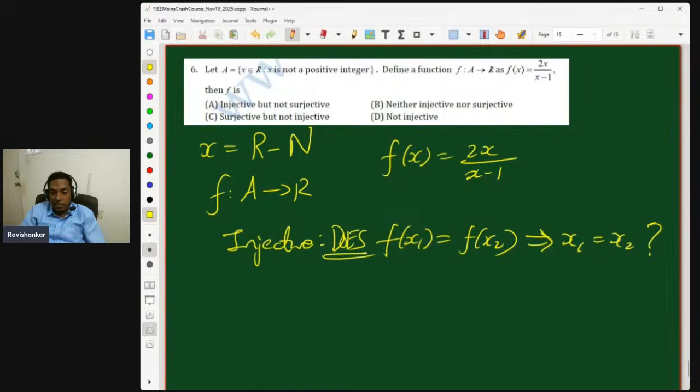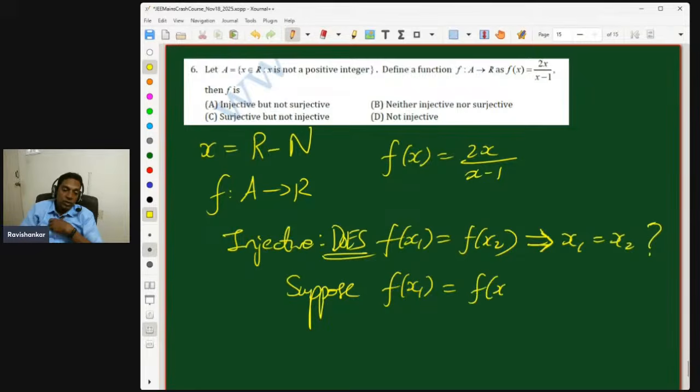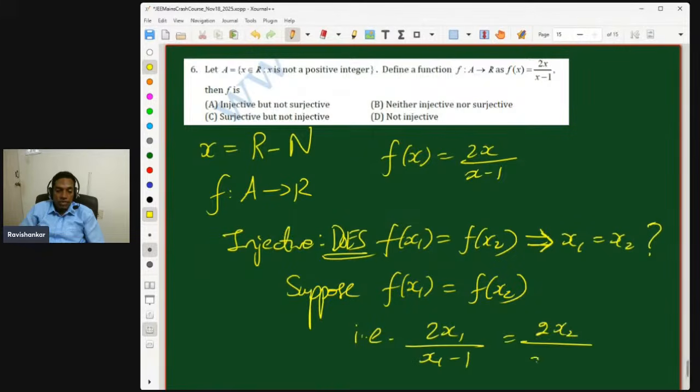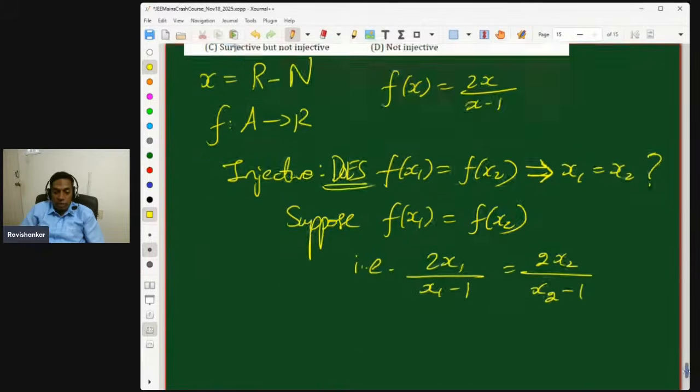If the answer is yes, then it's injective. If the answer is no, then it's not injective. So let's suppose f of x1 equals f of x2. That is 2x1 by x1 minus 1 is equal to 2x2 by x2 minus 1.